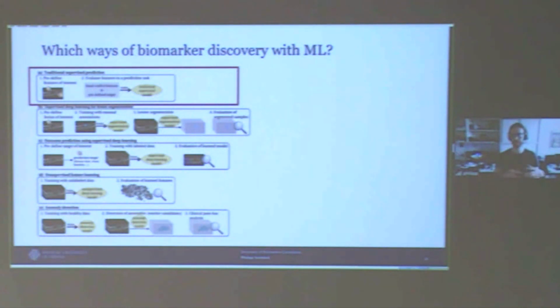So we first define features of interest. This can be anything in the image: brightness, thickness of the retina, tumor size. Then we train a traditional machine learning model on that, and then we evaluate the value of these handcrafted features, or these handcrafted markers, in a prediction task.